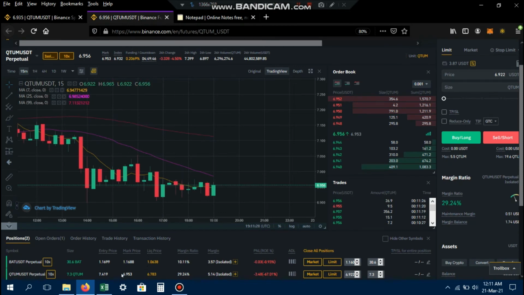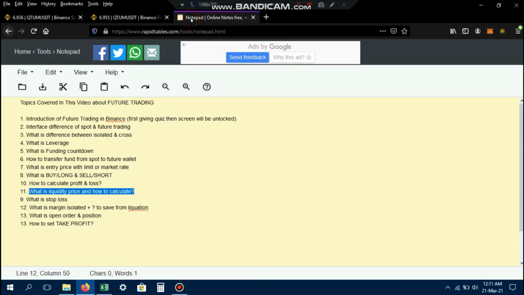So this is the liquidity price. It's a very dangerous thing because if it is near to your market price, then you are in danger every time. So try to have this on the lower side. Okay, so I hope you have understood the liquidity price and how to calculate it.